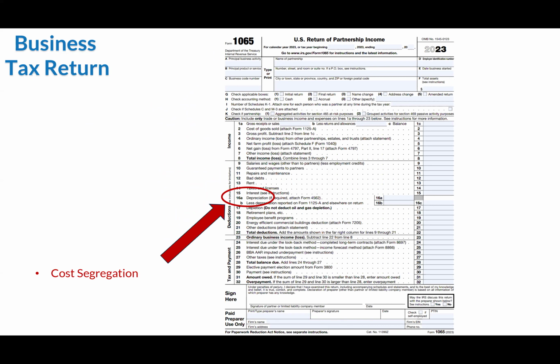Cost segregation, if it's done properly and if it's warranted, we can accelerate a lot of their depreciation on their buildings, and take those buildings that are going to be basically depreciated over 39 years. Well, we can accelerate maybe 20, 30, 40% of that and take that as an immediate write-off. So looking to see, is there an opportunity in the depreciation area, is a good thing to look at.